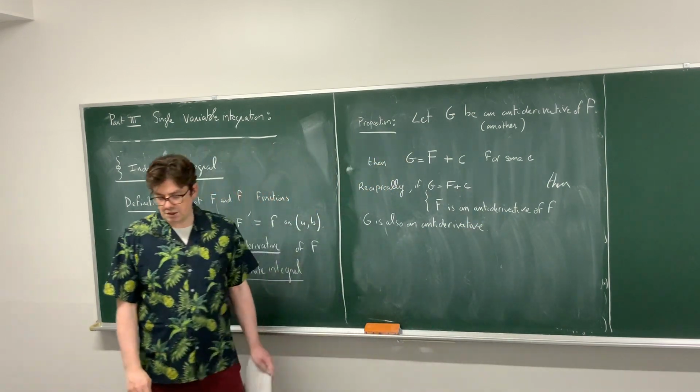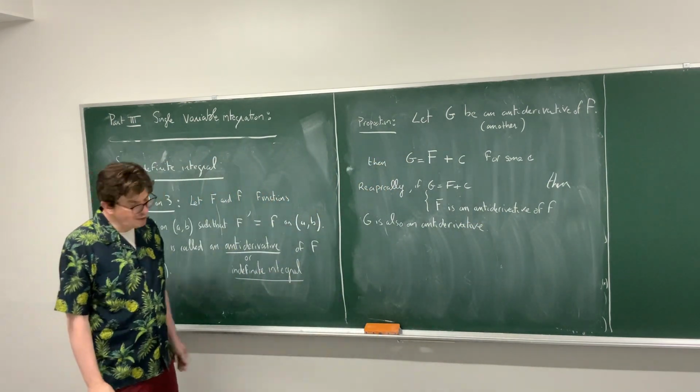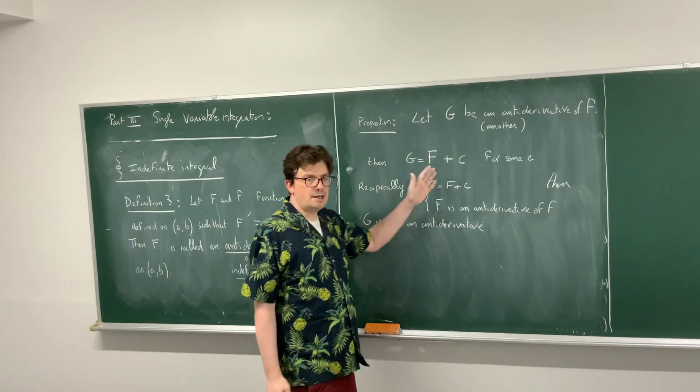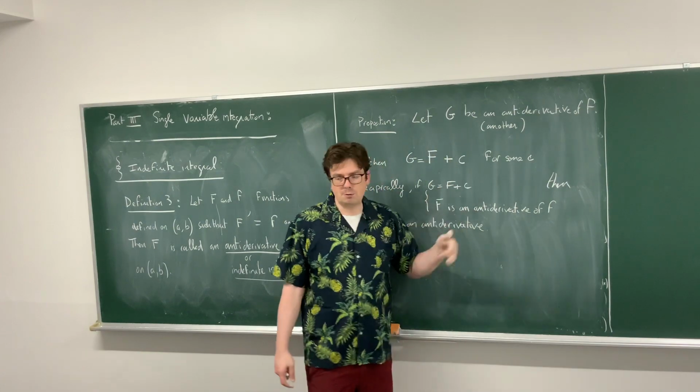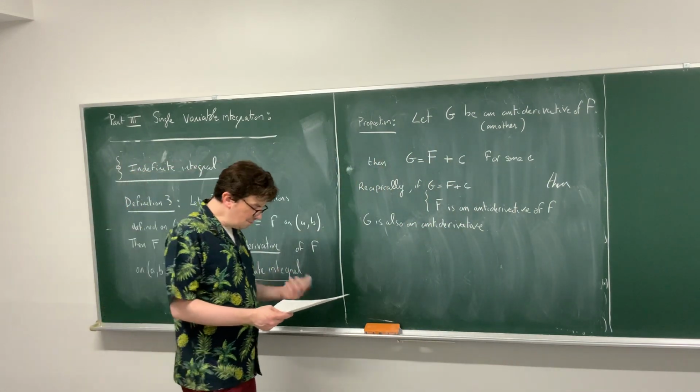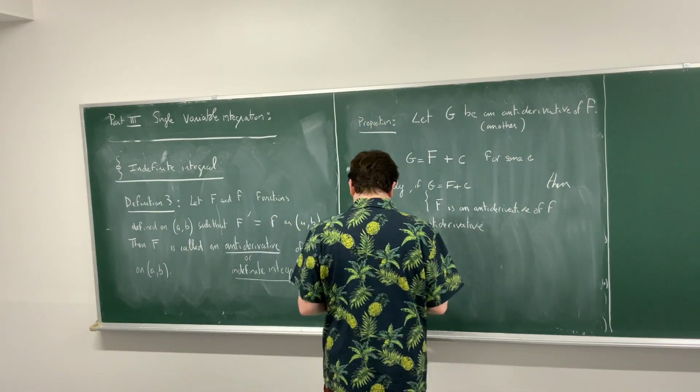So this proposition is saying basically that we don't have unicity of the antiderivative. If you have one antiderivative, you take this antiderivative plus any constant and you will get another one, okay? So you have many antiderivatives.